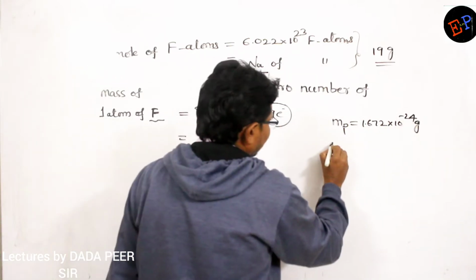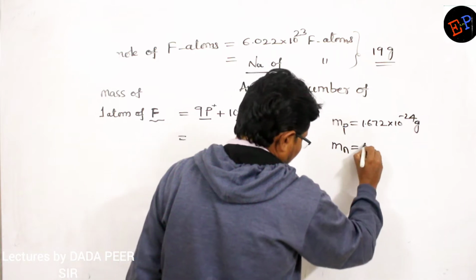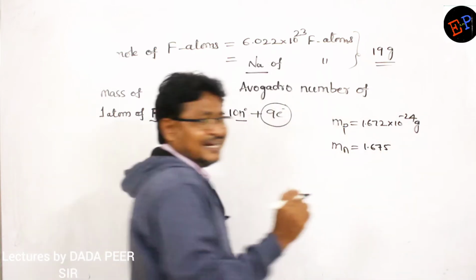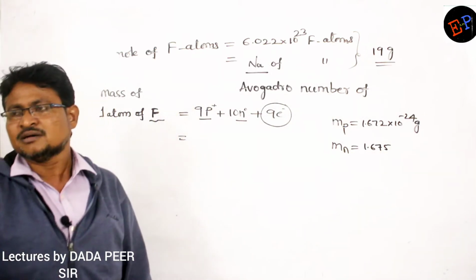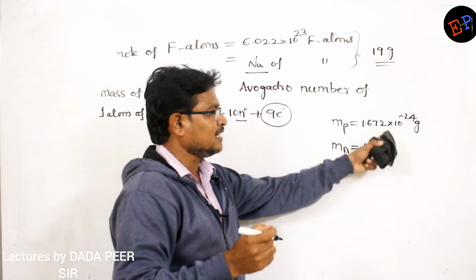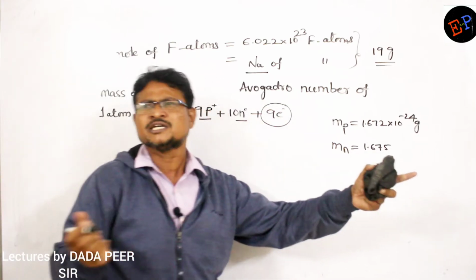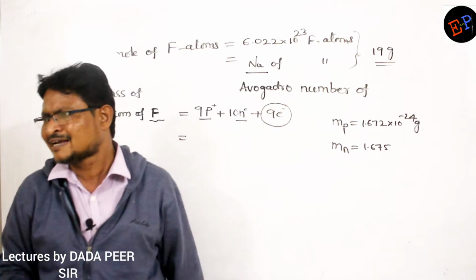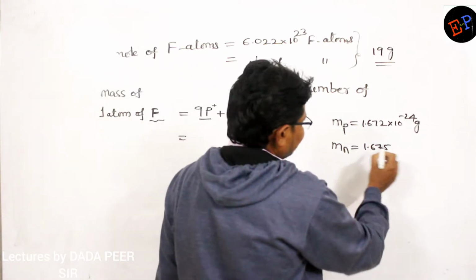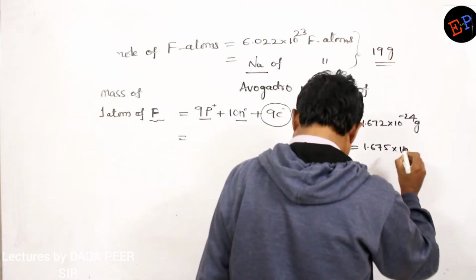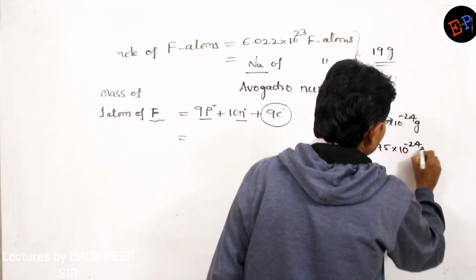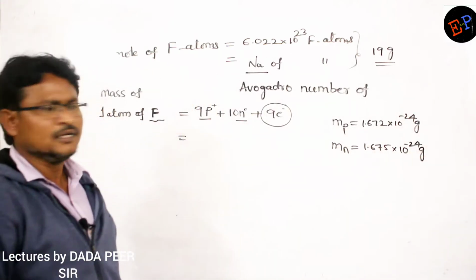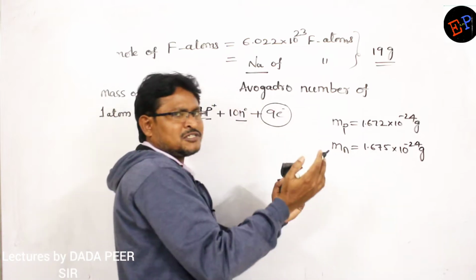What is the mass of a neutron? The mass of a neutron is 1.675, slightly different. The mass of neutron and mass of proton are almost equal, approximately both can be taken as equal. 1.675 into 10 to the power of minus 24 grams. So both can be treated as almost the same value.